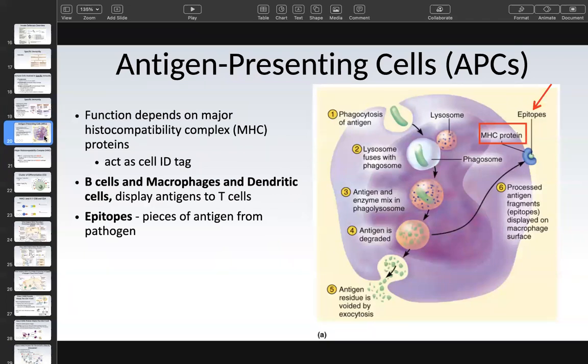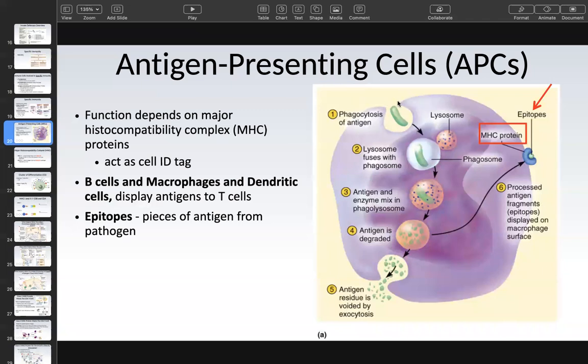So antigen presenting cells will literally present an antigen, which we've defined before, but we'll define again because it is an important part of this discussion. Antigens are a certain part, a specific protein or a segment of a protein of an infectious agent. And when they come from an infectious agent, aka a pathogen, they become known as an epitope. So there's a whole process outlined for you here in the schematic diagram.